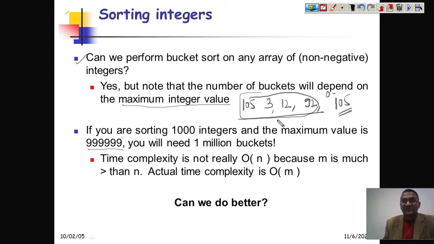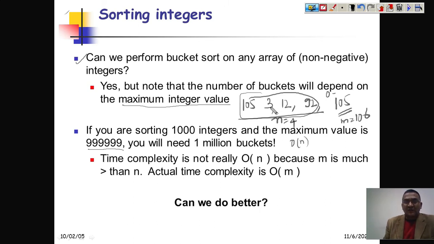So here n is 4, and m becomes 106. In that case the running time will not be big O of n, but will depend on m. So keep in mind that bucket sort will only be good when the given elements belong to a small range.